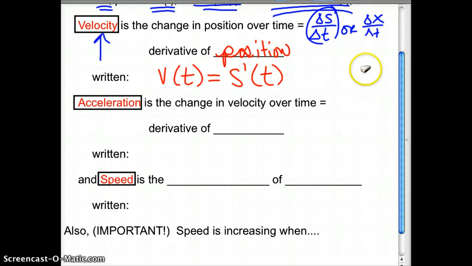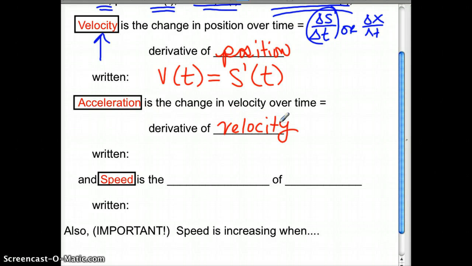Acceleration is the change in velocity over time. And sometimes we'll write that delta v over delta t. But really, calculus-wise, this is more the physics model, but calculus-wise, what you're doing is you're taking the limit of the change in velocity over change in time as that time approaches zero. So every time we're doing that, we've got another derivative. And this time it's the derivative of the velocity.